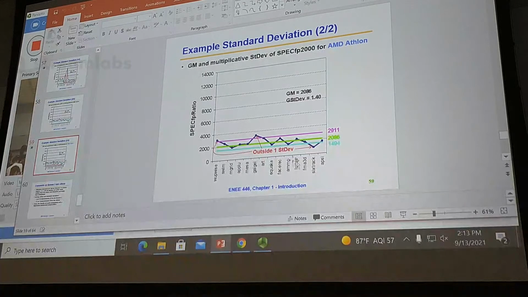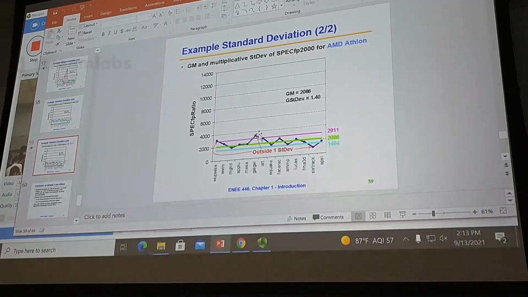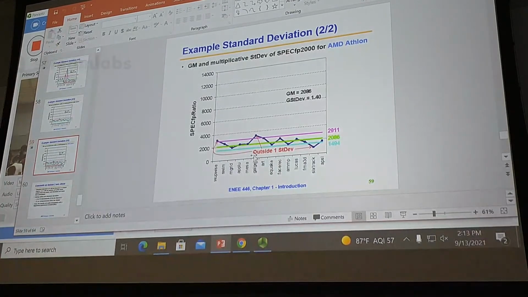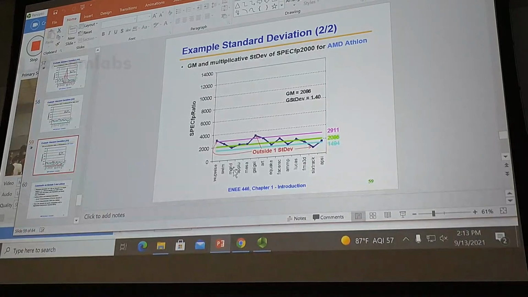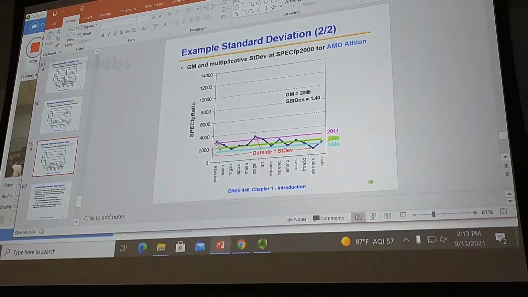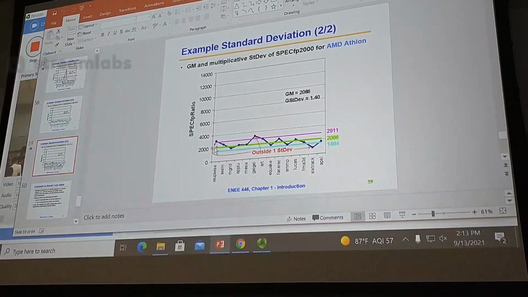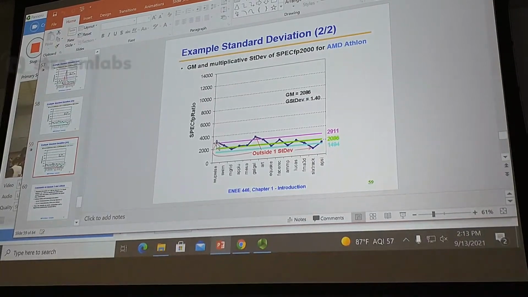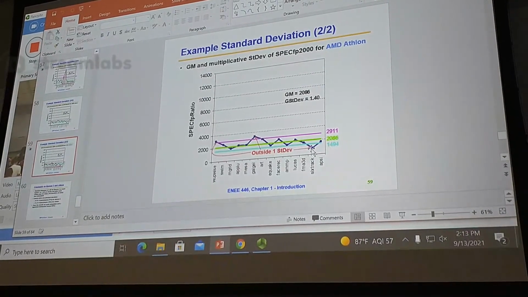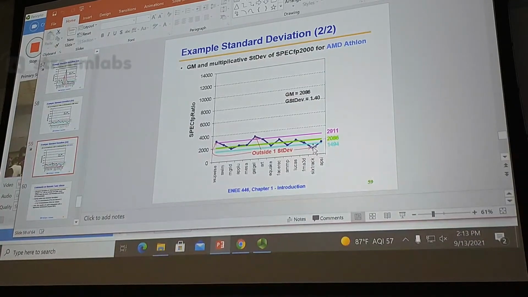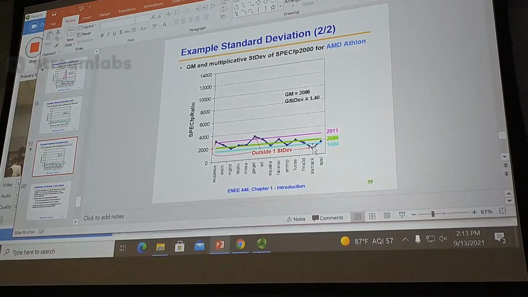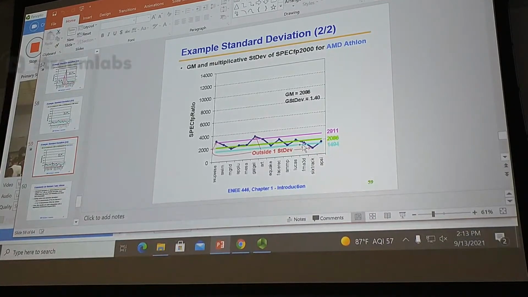So again, the outliers here, that one. Yeah, but they're almost really sitting at that, like this one, and this is slightly below the standard deviation line.